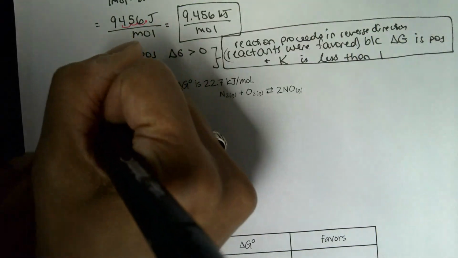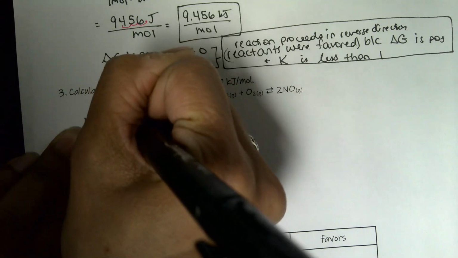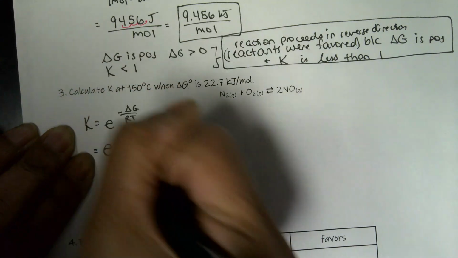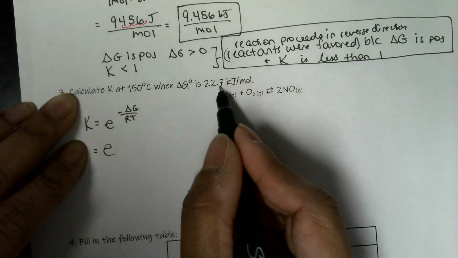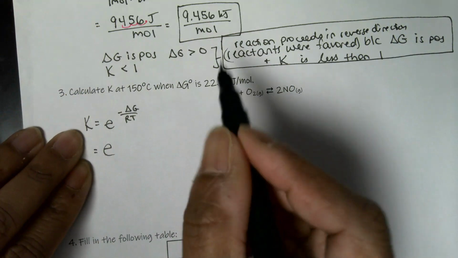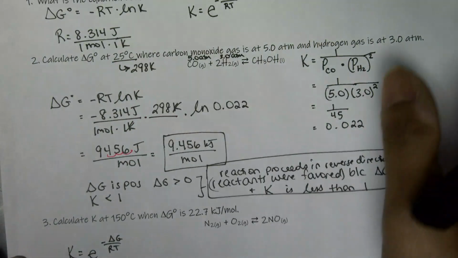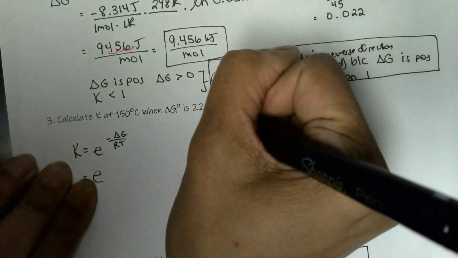Well, we know that K is equal to E to the negative delta G over RT. I can say I have E, and then my delta G is 22.7 kilojoules per mole. I know my R is in joules, so I've got to convert from one to the other. So I'll just do this one.